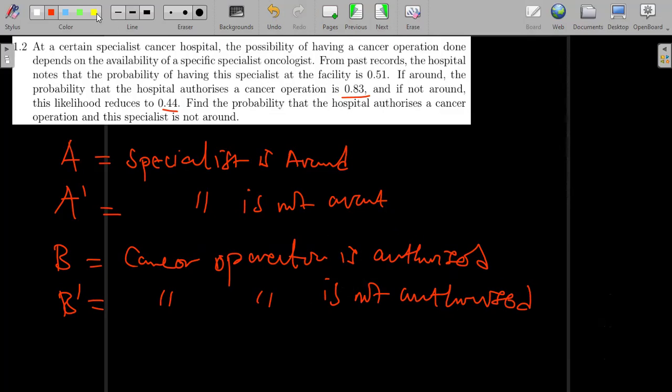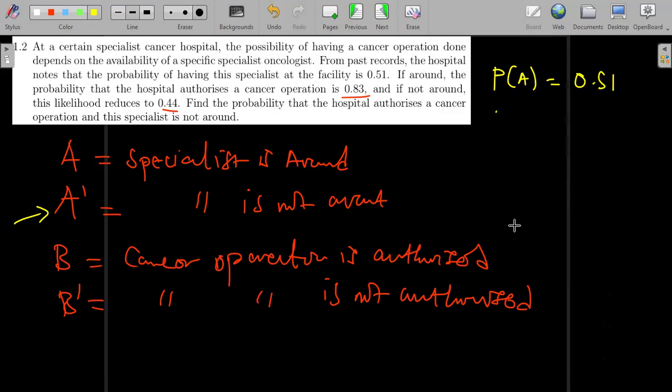So let's go back to the question and check what we have. Remember, they said from past records, the hospital notes that the probability of having this specialist at the facility is 0.51. So the probability of A is 0.51. Then we can find the probability of this specialist not being there, because we know that the total probability is always equal to 1.